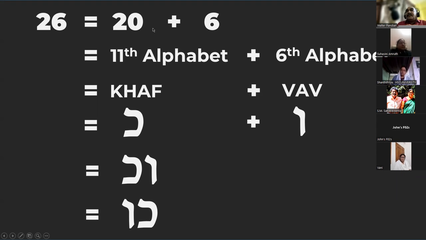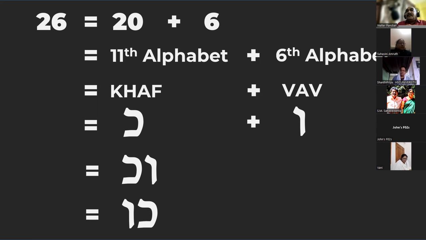Now 20 is which alphabet's value? That is the 11th alphabet's value. And 6 is the 6th alphabet's value. The 11th alphabet is called Kaf.